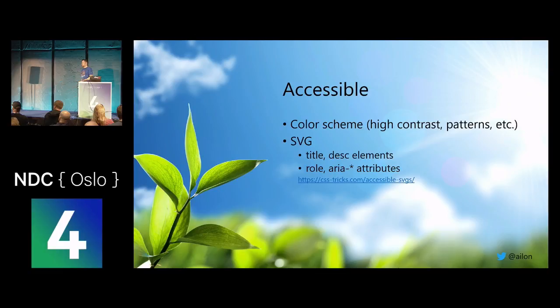Accessibility is a big topic recently, and this is where using SVG shines, because it's a markup language where you can use all the tools you can use with HTML. You can use all the ARIA attributes, etc. Same things that you use with HTML. You can also help users by allowing them to change the color scheme of your chart.